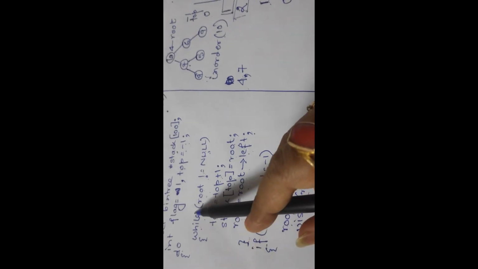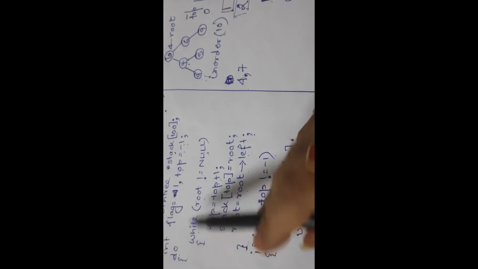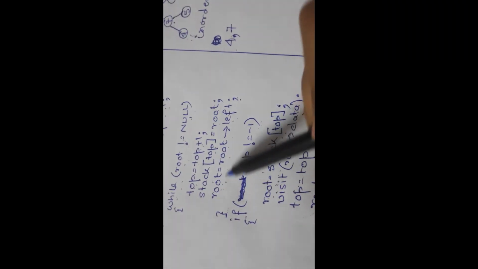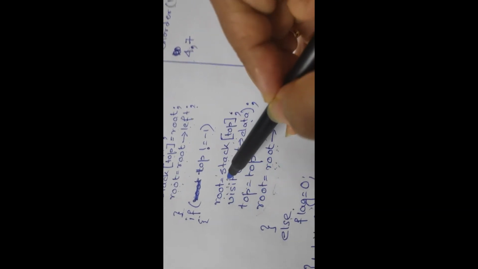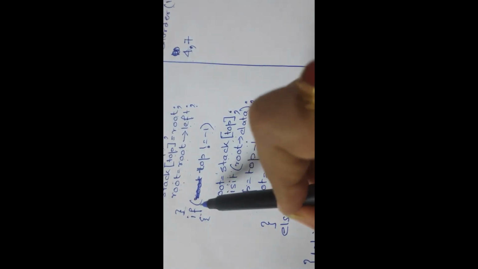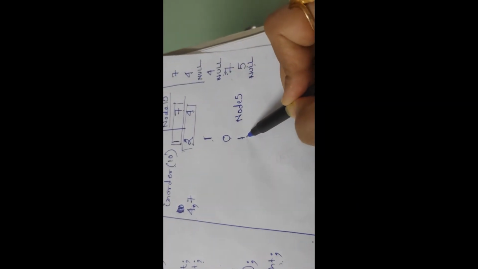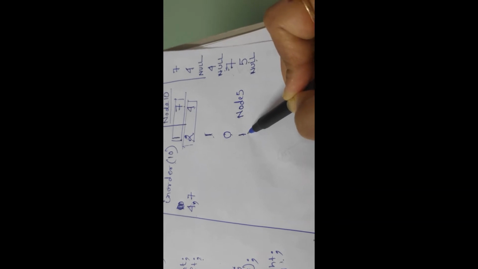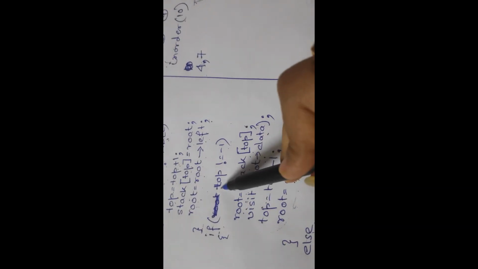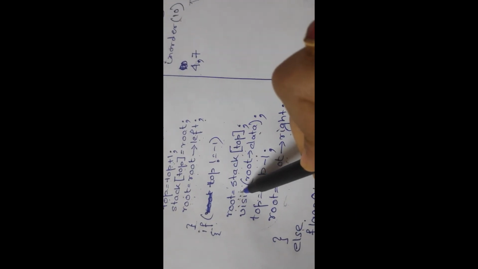Now as we start off with the while loop again, while root not equals to null, but current value of root is null, so this while condition does not work. We come out of the while loop. If is encountered, if top not equals to -1, looking at the top value is 1, so obviously it is not equals to -1, so we enter the if condition.